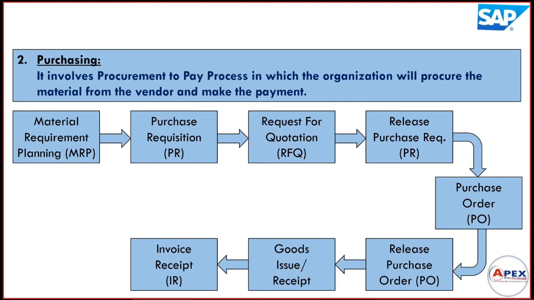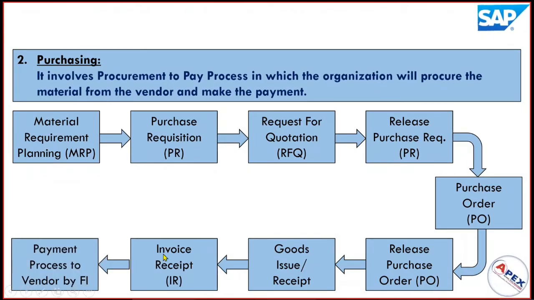Once they confirm that so and so material has been received, they raise the invoice: for so and so material and so and so quantity, this much price invoice has been generated and you can make the payment. This invoice receipt will be sent to the FICO department, the finance department, and the finance department will take care of the financial or payment activity with the vendor.